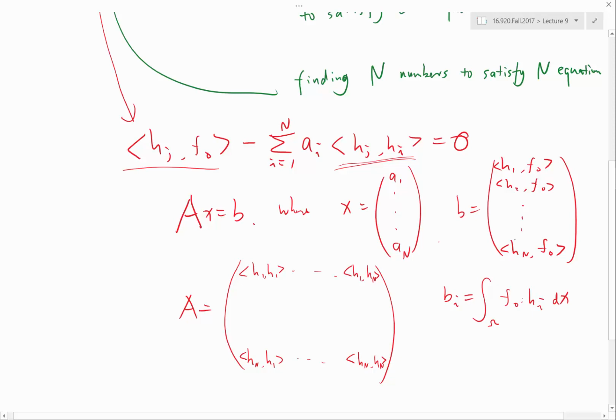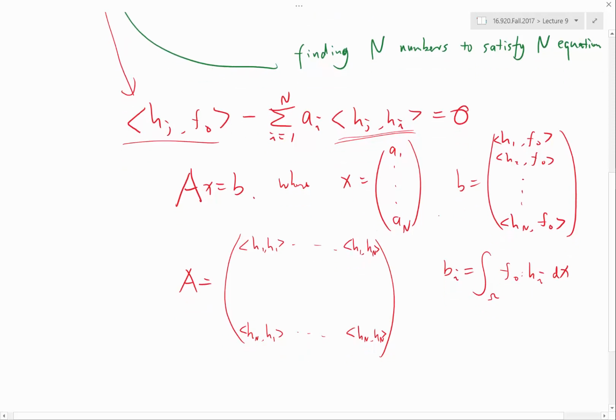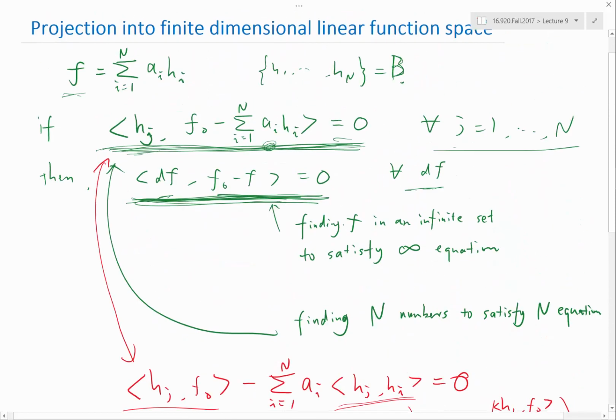I need to perform this integral numerically, and then I need to compute a_ij, which is equal to the same integral of h_i h_j dx. So once I've computed this, I solve Ax equal to b. I get the linear combination coefficients, and I use this to get my f equal to the linear combination with these coefficients and the basis functions.